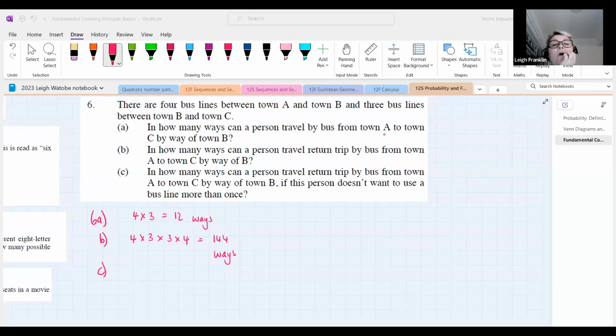Because Katleho R, you have to go back via town B. So if there are 4 by 3 ways for you to get there, then there are going to be 4 by 3 ways for you to return.